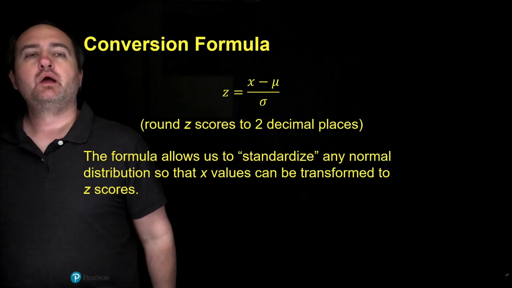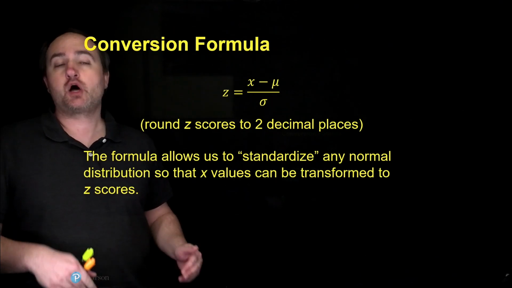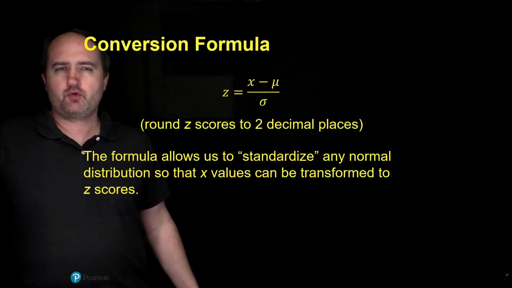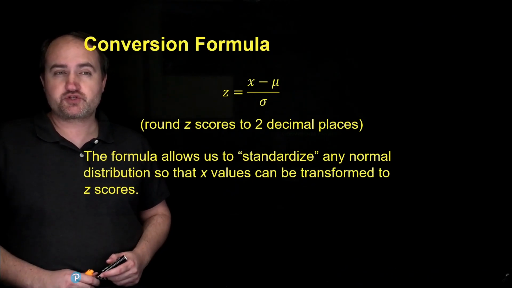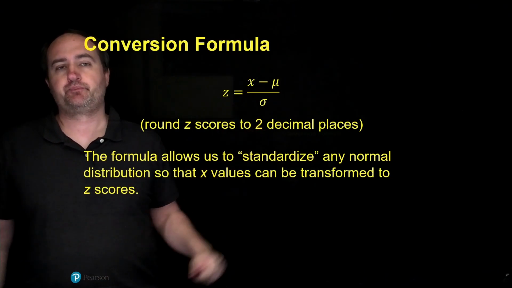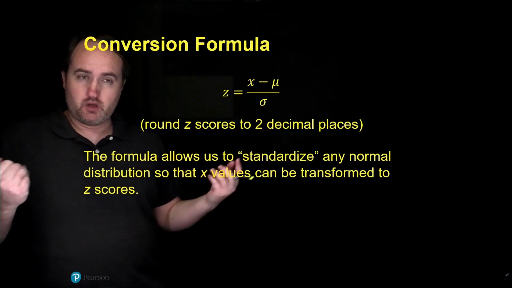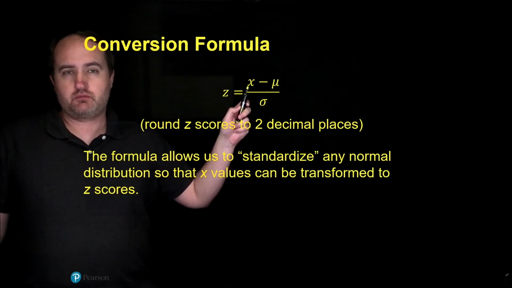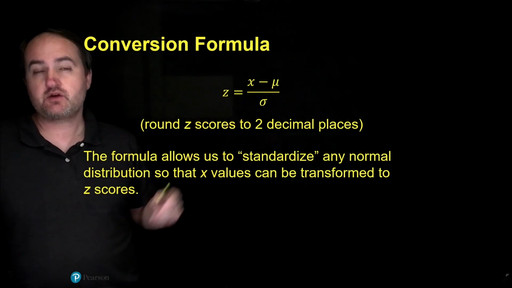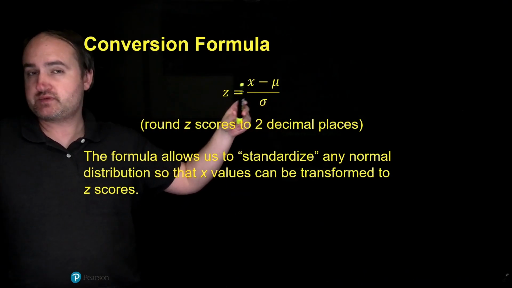So if you have a non-standard normal distribution, the values of that distribution are going to be represented by the variable x. In order to convert a non-standard normal distribution, which I call x-scores, into z-scores, which are the standard normal distribution, you have to use the z-score formula, which we've seen before.